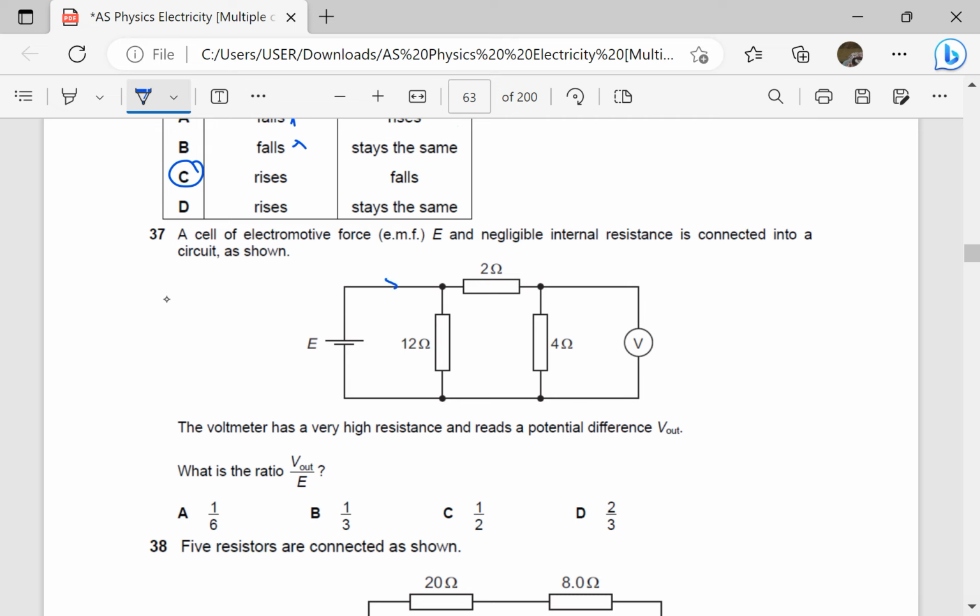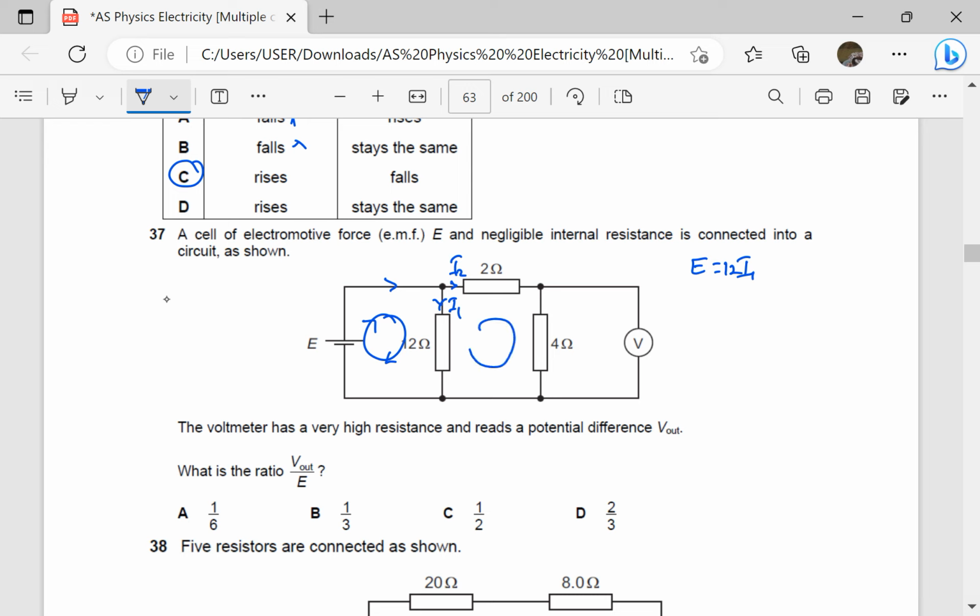Let's say this is I, this is I1, and this is I2. I will put here a loop, which is clockwise. Using that loop and Kirchhoff's second law, the sum of EMFs, there's only one cell, so it is E. The sum of potential drops will be I1 times 12, so it is 12 I1.